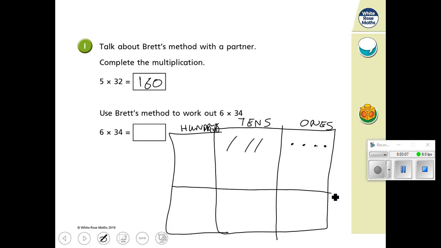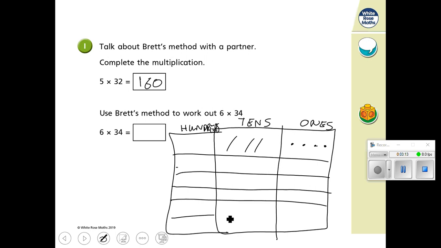And I've got to do 6 rows of these because we're multiplying by 6. So 1 row, 2, 3, 4, 5, 6. Okay, so 30, 30, 30, 30, and 30, and then 1, 2, 3, 4, and so on for each row, and finally 1, 2, 3, and 4.